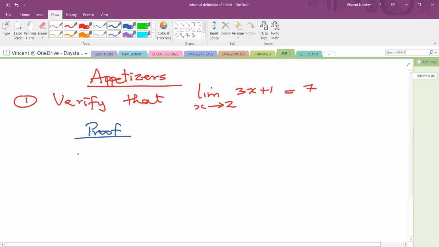So you say, let epsilon greater than 0 be given.